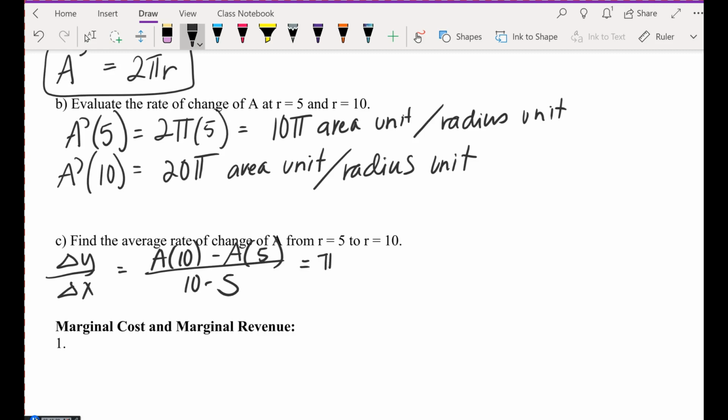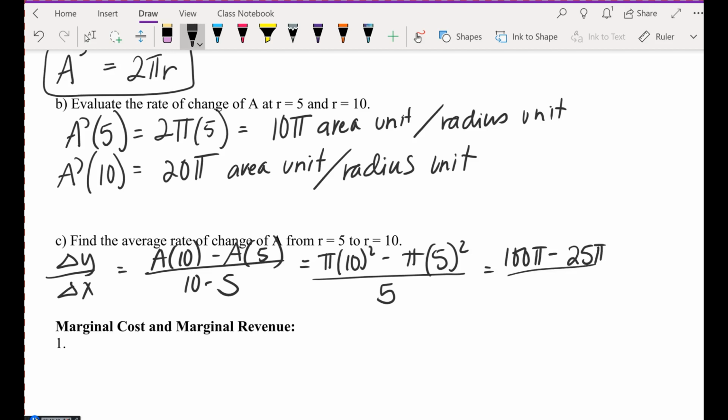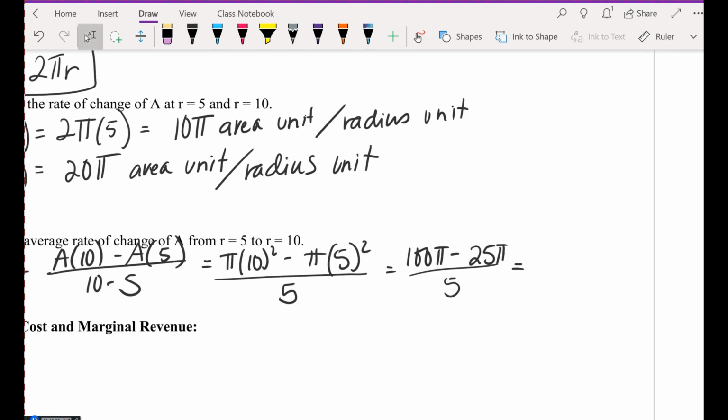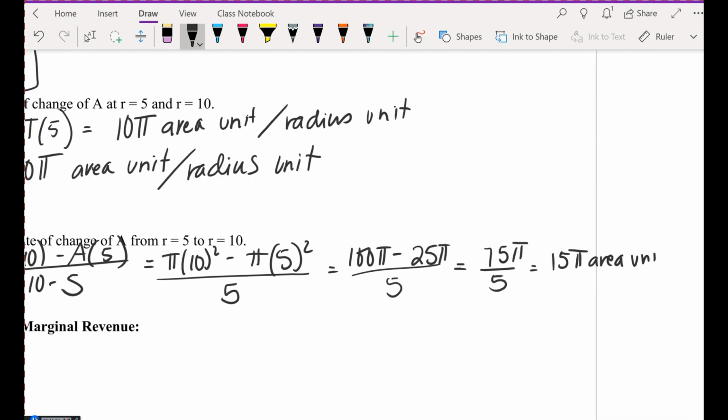That's going to be pi times 10 squared minus pi times 5 squared all over 10 minus 5, which is 5. 10 squared is 100 pi. Take away 25 pi. That sounds delicious. With some ice cream? Okay. Equals 75 pi over 5, which is 15 pi, which is area unit over radius unit, okay?